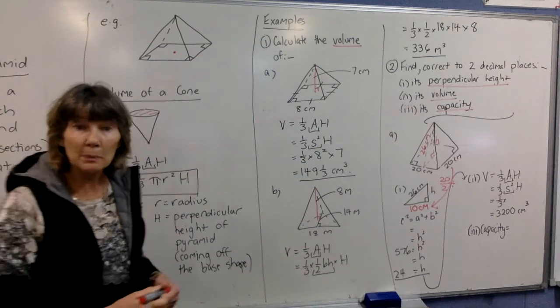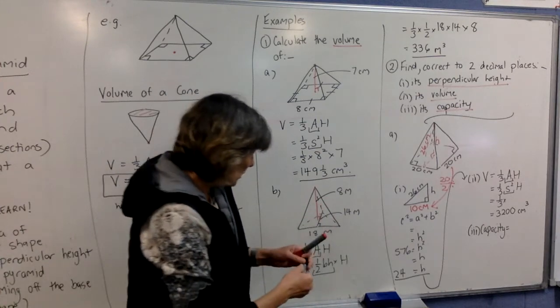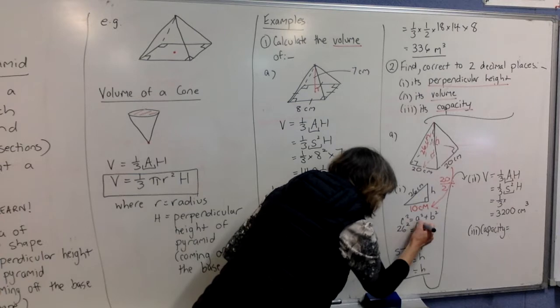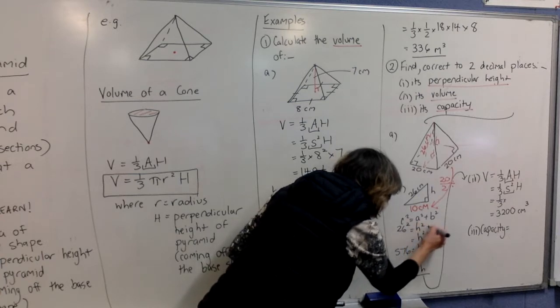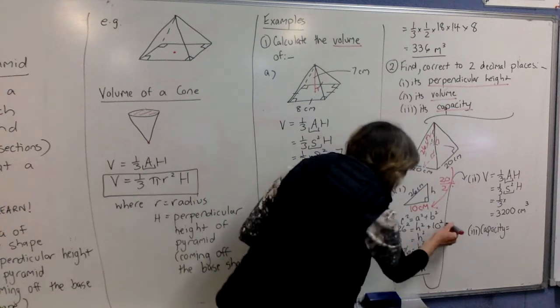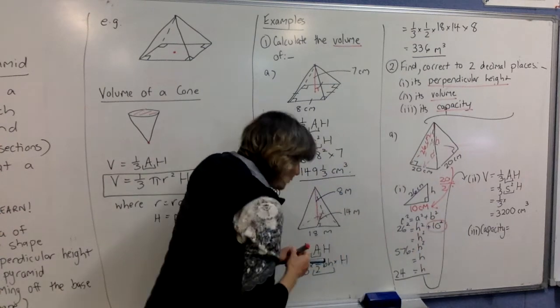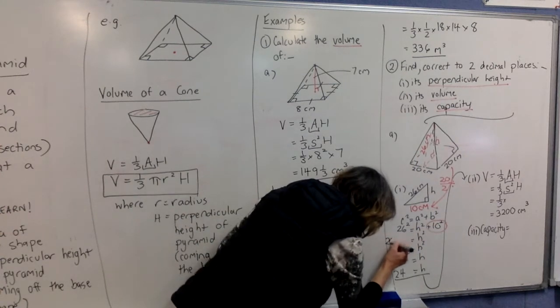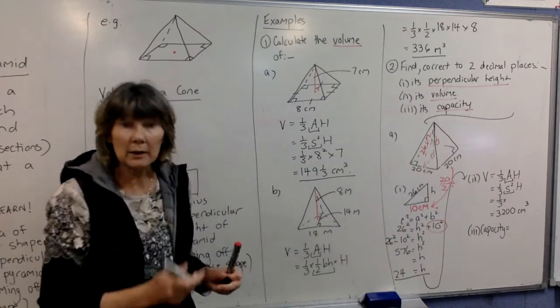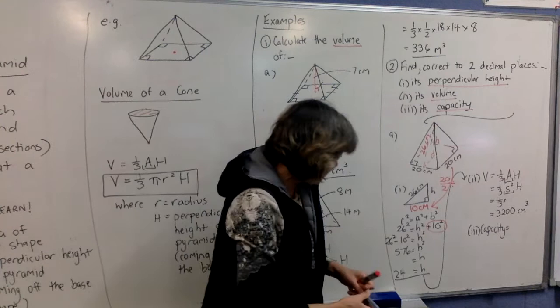Okay, so now we're going to use Pythagoras' theorem to find out what H is. So we have 26 squared equals H squared plus 10 squared. We'll move our plus 10 squared to the other side. So we have 26 squared minus 10 squared. And if you work that out on the calculator, you're going to get 576.